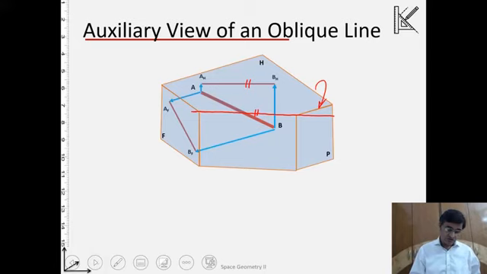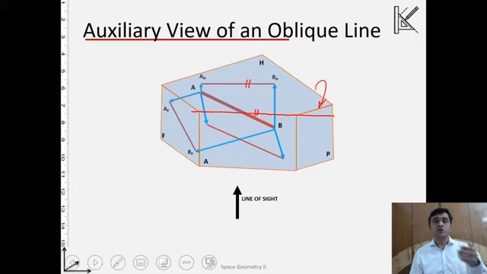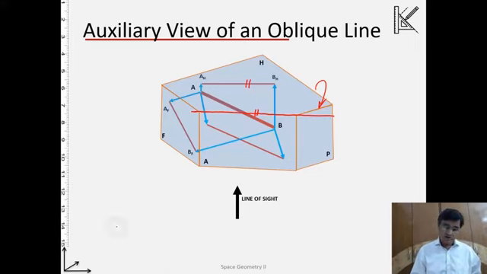Let us project the line on this auxiliary plane. So I'm using the projectors and projecting it onto the auxiliary plane. So this is the viewing direction perpendicular to the auxiliary plane, and this is how the projection of the line will appear. So this is the projection of the line onto the auxiliary plane.